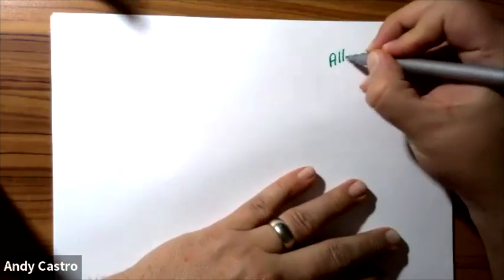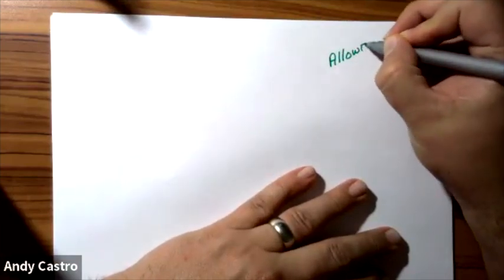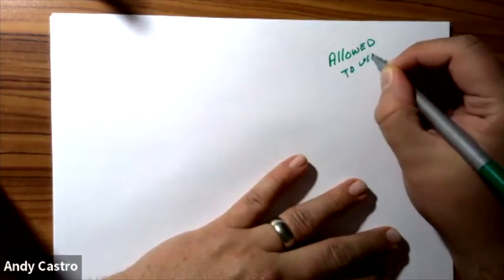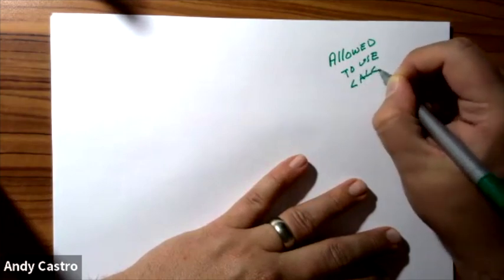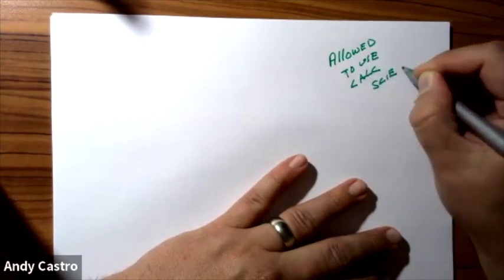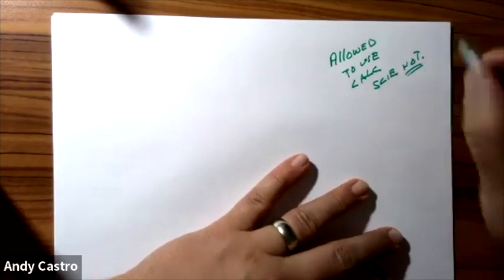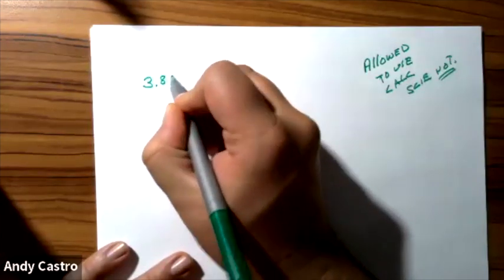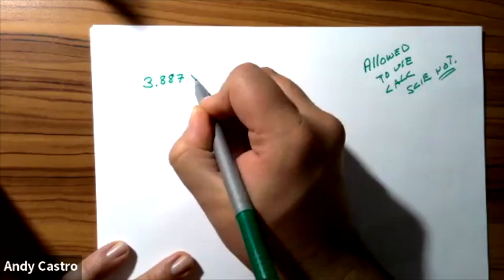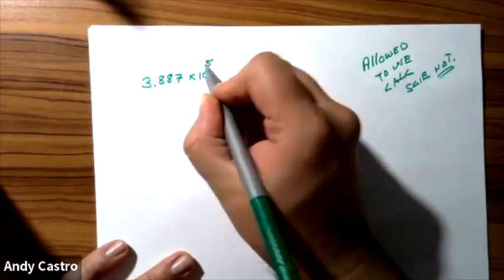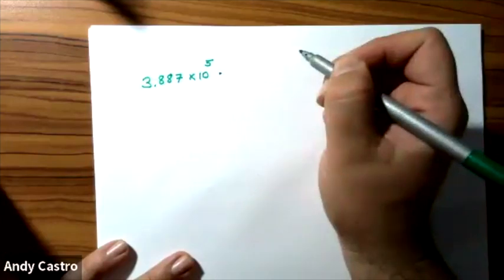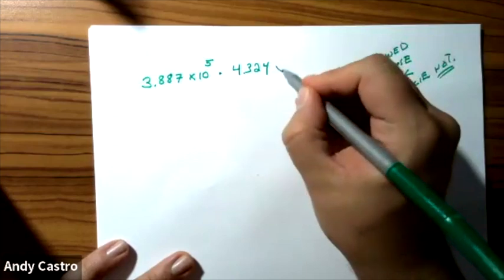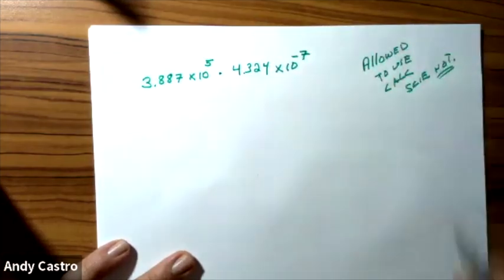So I'll make sure to note that on the quiz, but you're allowed to use a calculator on scientific notation. Okay. All right. So let's do 3.887 times 10 to the 5th times 4.324 times 10 to the negative 7.